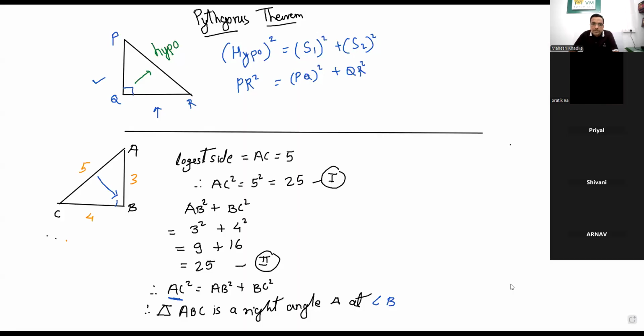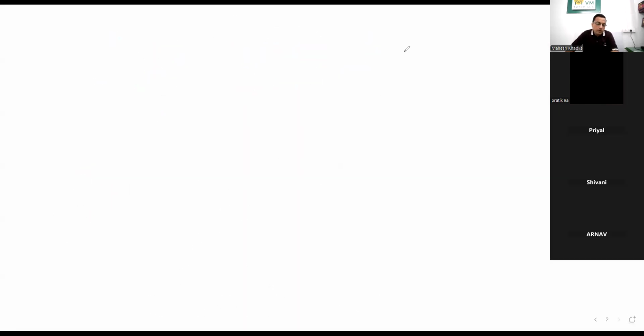So I'm changing the page. Now I think the white screen is visible. Yes, sir. So this one is A, this one is B, this is C, this part is D. One more part, that is a triangle.